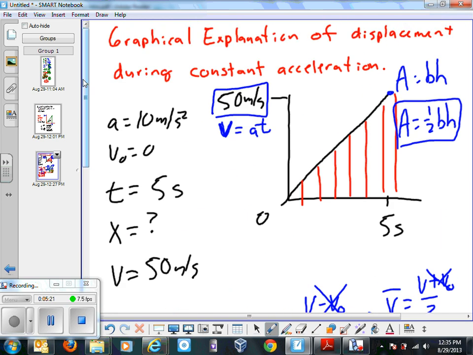Because if we're constantly accelerating and we end at 50 and started at 0, then 1/2 of acceleration times time is going to be 25 meters per second, and that would be our average velocity in this case. Okay? So we can see then that our displacement of this graph is equal to average velocity times time.